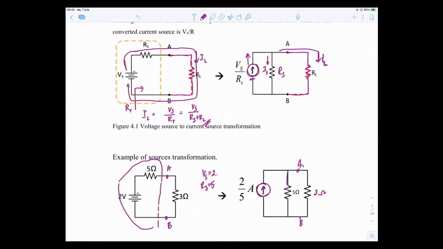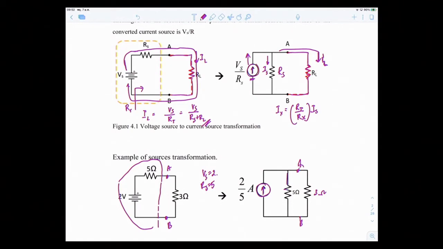I hope you recall by now, without looking back at your notes, the formula for IL using current divider: Ix equals R total over Rx, multiplied by IS.